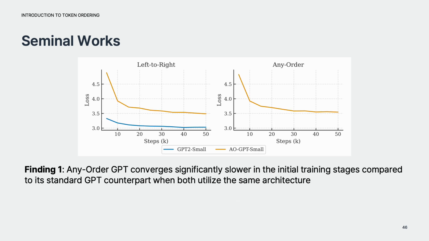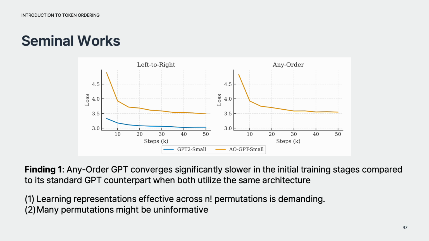So the first finding of this paper is that any-order GPT converges significantly slower in the initial training stages compared to standard GPT when both use the same architecture. This was also shown earlier in Sigma GPT, and fundamentally it indicates that any-order training solves a harder problem than left-right.